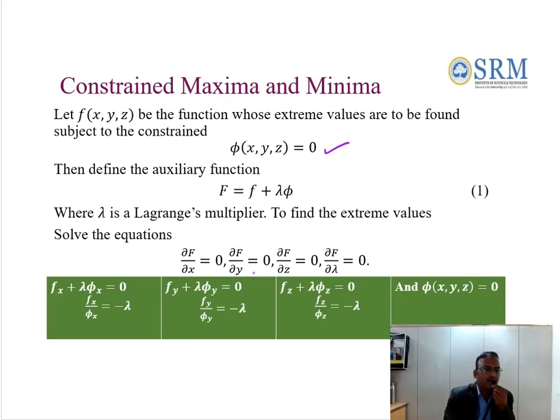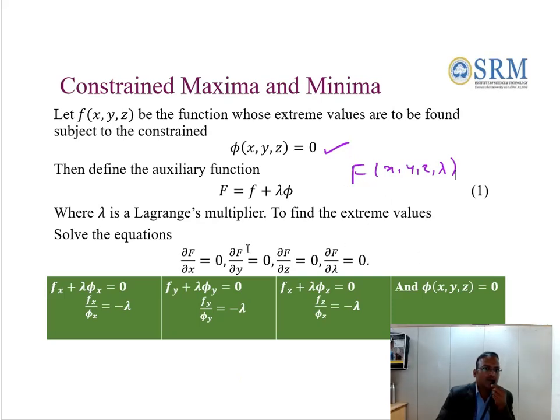Now to find the extremum values, as in the previous case, we have to differentiate partially with respect to the variables. Here capital F is a function of x comma y comma z and one more variable lambda. Therefore, we differentiate capital F partially with respect to x, y, z and lambda, equate them to 0 and solve for x, y, z and lambda.